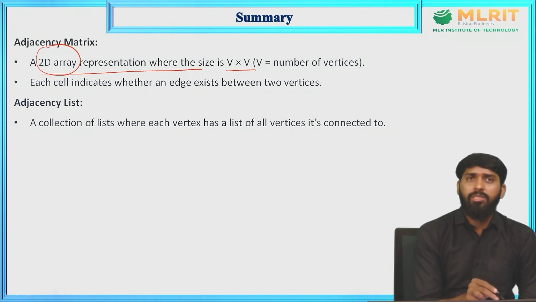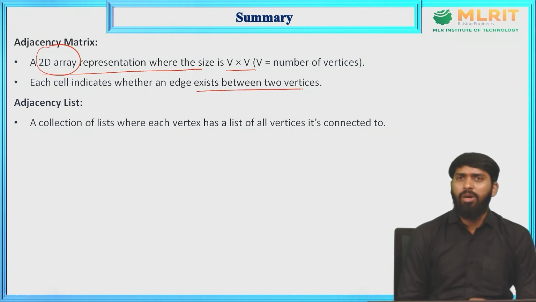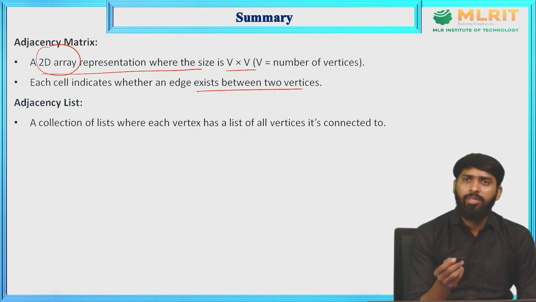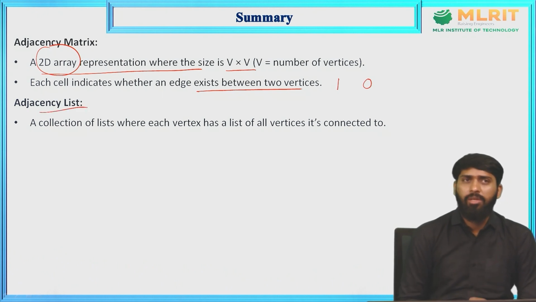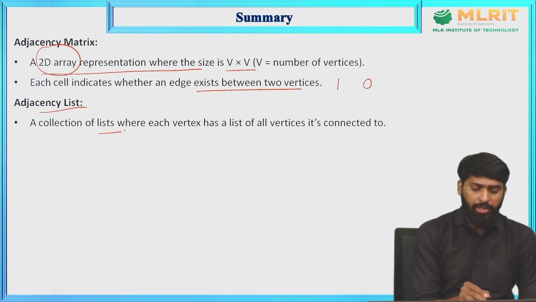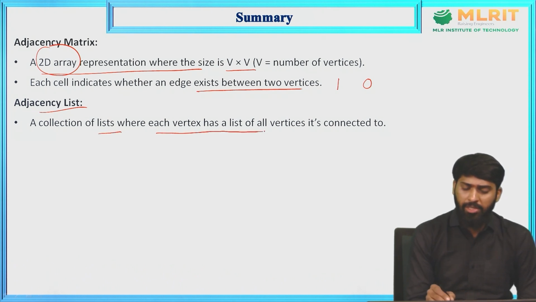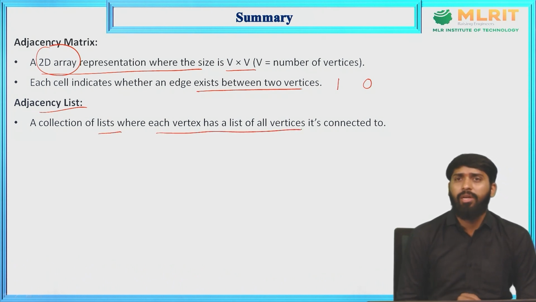Each cell indicates whether an edge exists between two vertices or not. If there exists an edge, then we mention that as 1, otherwise 0. And we represent the same graph using adjacency list also. It's a collection of lists where each vertex has a list of all vertices it's connected to.